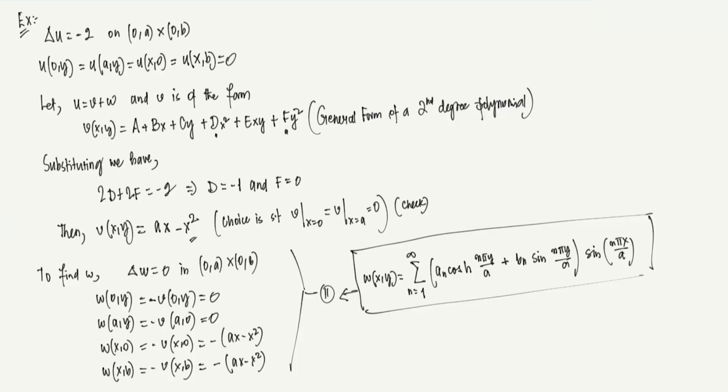Now, this actually solves everything except these two conditions. So we have to put those two conditions here. If you put those two conditions, w of (x,0) is nothing but minus ax minus x square. Clear?